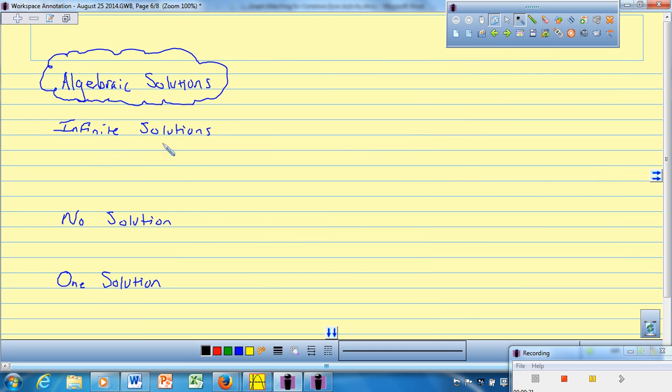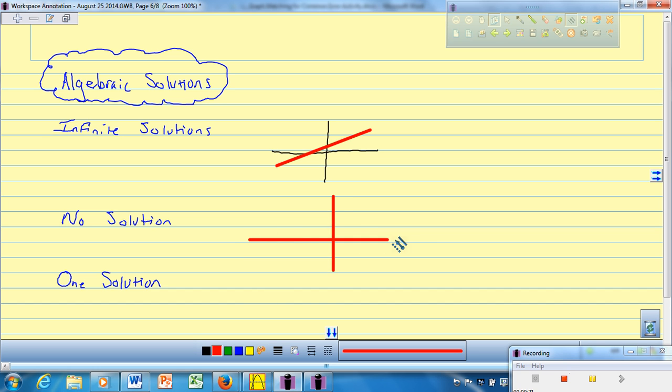Okay, so we just looked at pictures that showed when we had infinite solutions, no solution, and one solution. What does it look like if there are infinite solutions? They overlap completely. It looks like one line. Okay? What if it's no solution? Parallel. It's still a system, so there has to be more than one line.